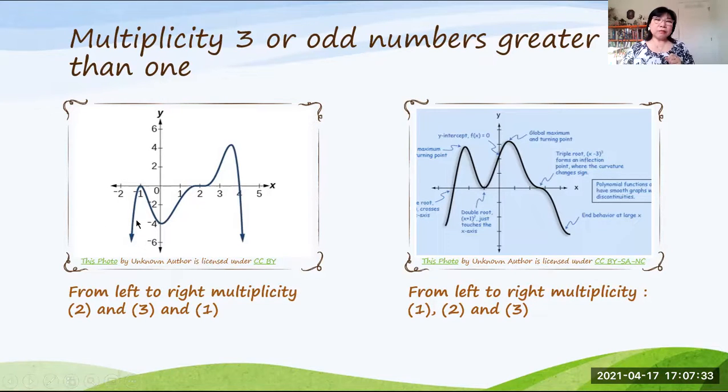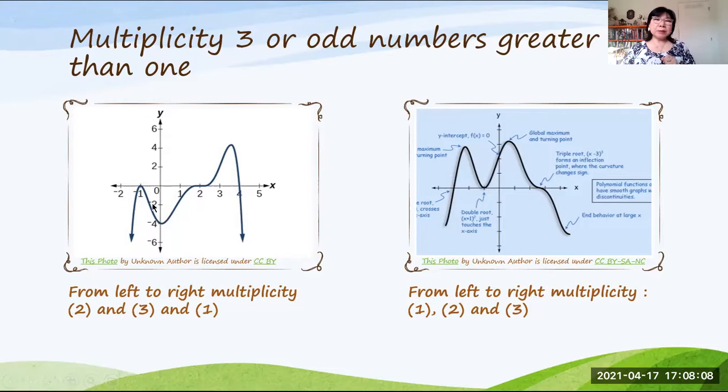So this function starts from quadrant 3 and then goes up and down and ends up in quadrant 4, but with the same direction. They both go downward, right? Not one down, one up, but both downward. So for the even power, usually the graph has the same direction like this.